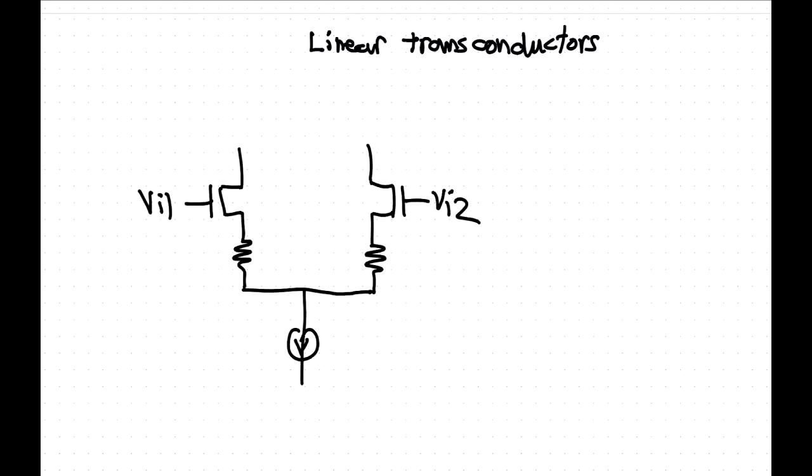Now, if we make this resistor large enough, then when the voltage across the gate-source and this resistor changes, all of that voltage change should sit across the resistor. So really we want that resistance R there to be a lot larger than 1 on gm.